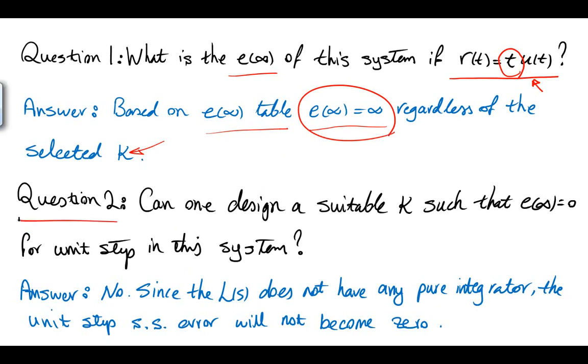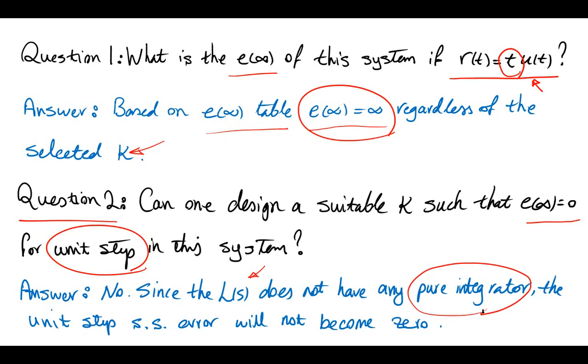Question 2. Can one design a suitable K such that the steady state error is exactly 0 for a unit step in the system? No. Since the loop gain function does not have any pure integrator, the unit step steady state error will not become 0.